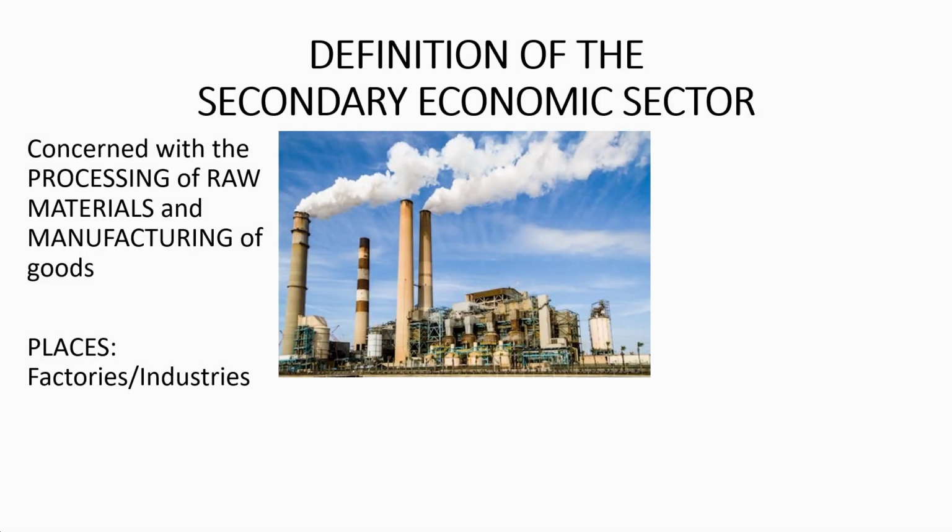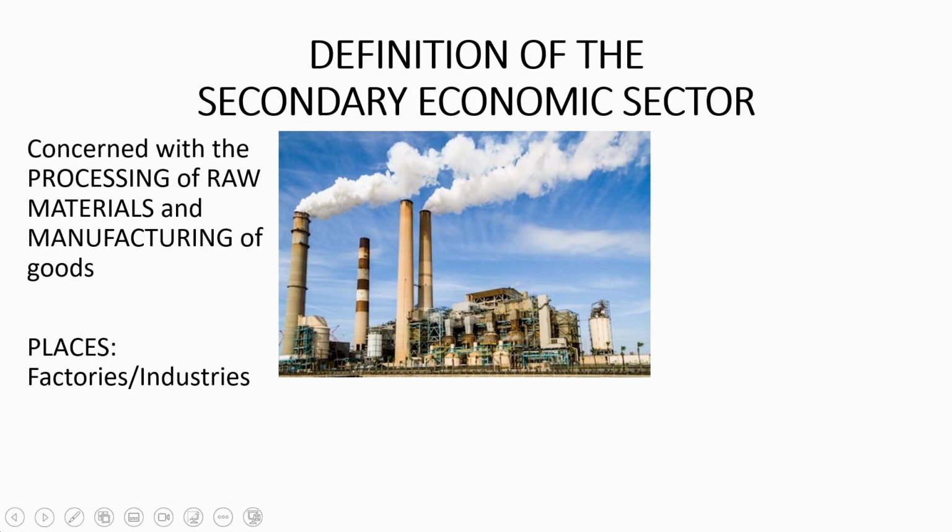Now, let us define the secondary economic sector, okay? This is a sector that is concerned with the processing of raw materials and the manufacturing of goods. This is very important because you are moving from the primary economic sector, where the concern was with the production of raw material from the earth, up a level to the secondary economic sector, where we are dealing with the processing of raw materials and the manufacturing of those goods.